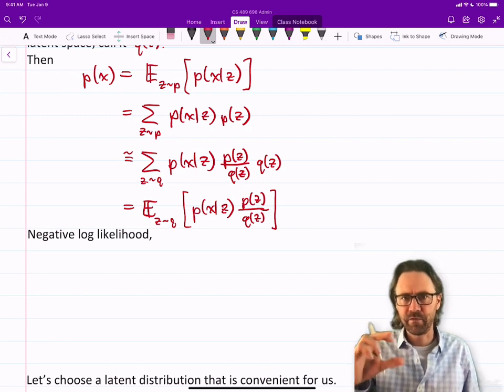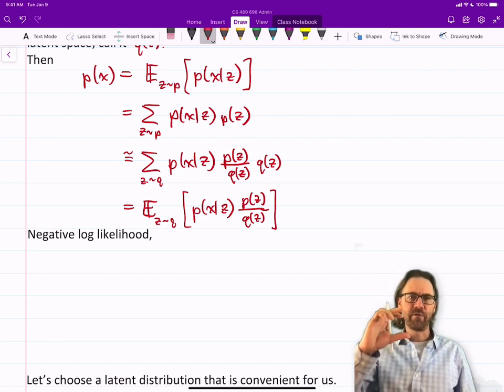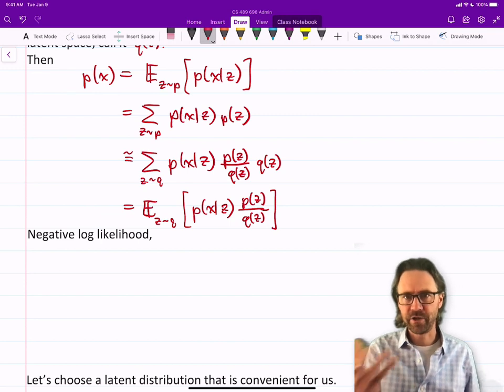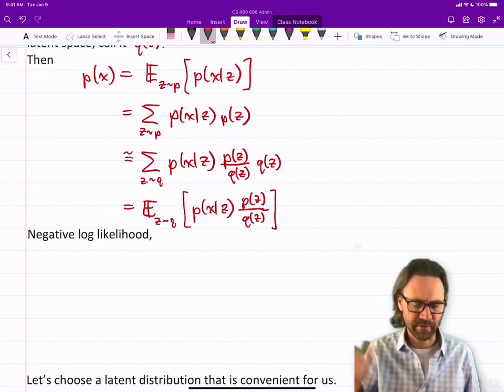And that P of Z over Q of Z is basically the factor you would add in for importance sampling, which is something from statistics.